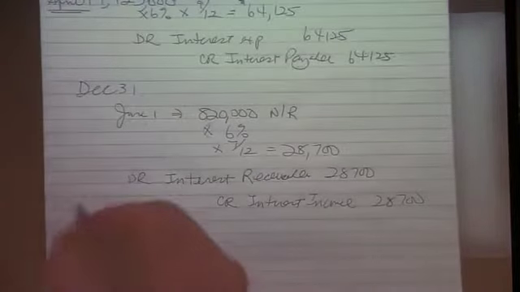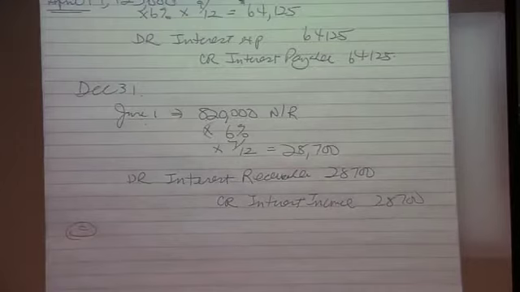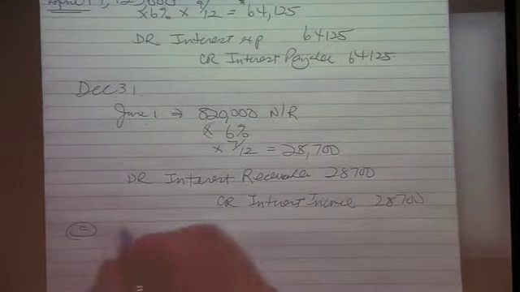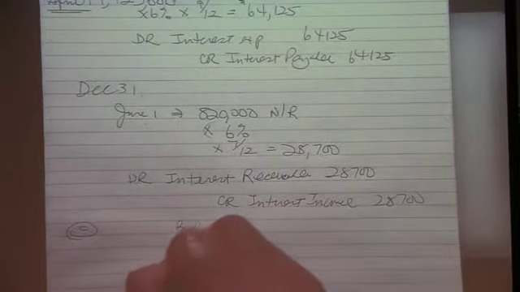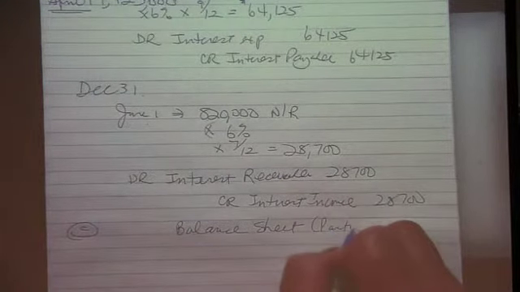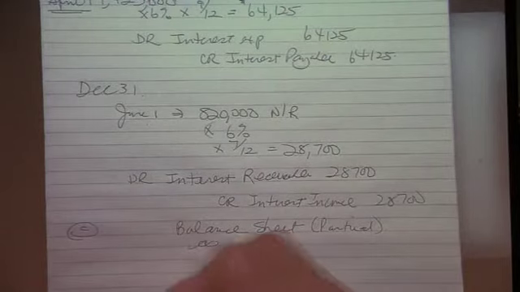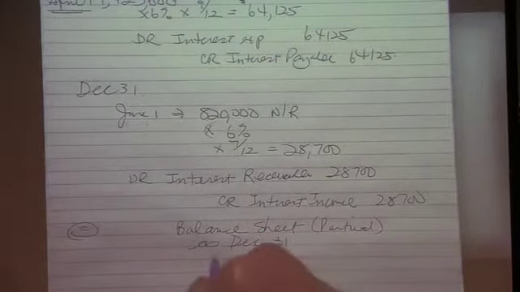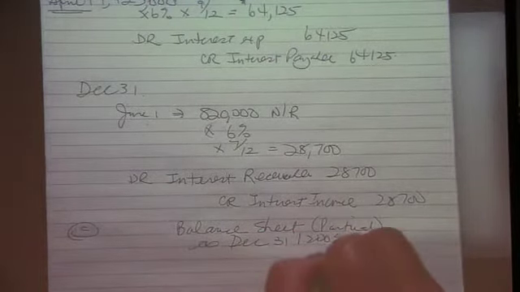Now, Part C says, what does the balance sheet look like? Of course, we have to do a partial balance sheet as at December 31st, 2009.